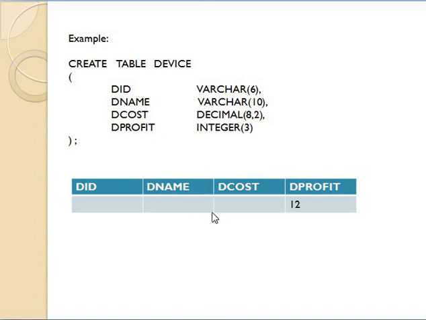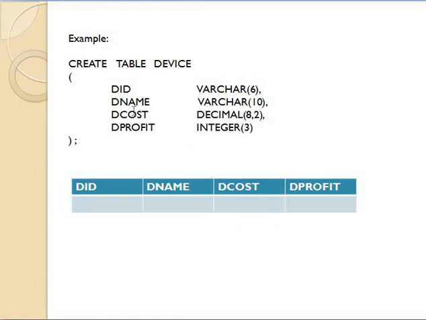So do not simply put values for the columns in a table. Before that, consider the size that has been associated with the data type for placing the values for the columns in a table. Now let me remove this. This was just for you to understand.